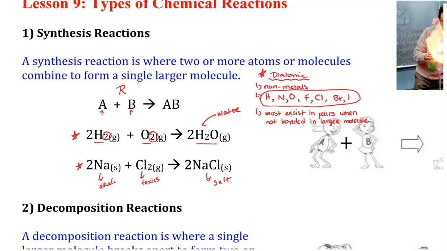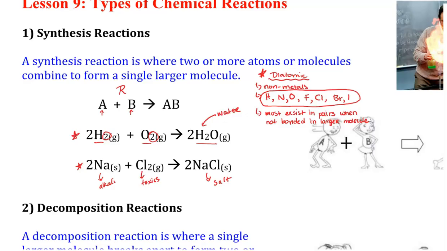Our metals, for example, are totally fine existing as a singular atom and floating around, but our 7 diatomics, that's hydrogen, nitrogen, oxygen, fluorine, chlorine, bromine, and iodine, must exist as a diatomic with a buddy when they are on their own.